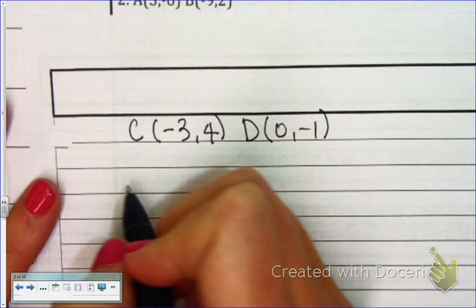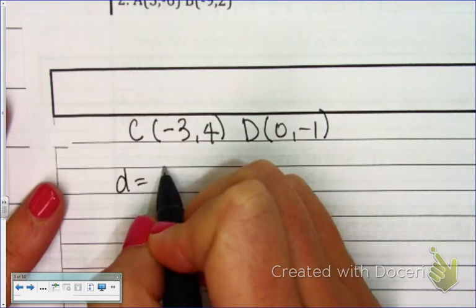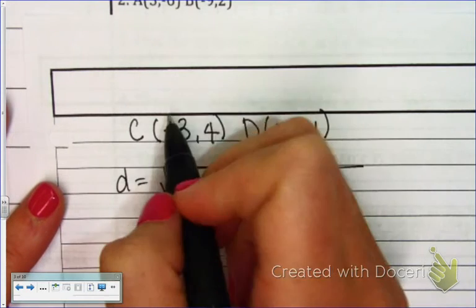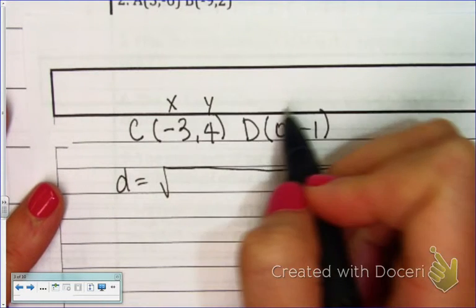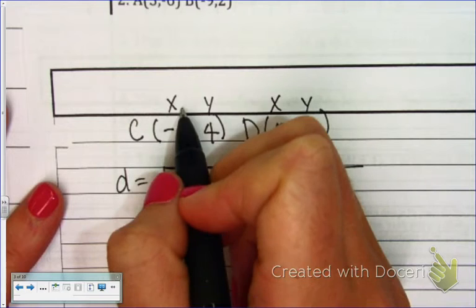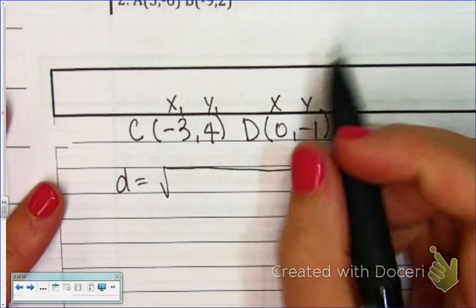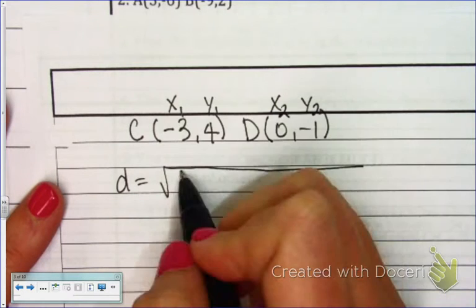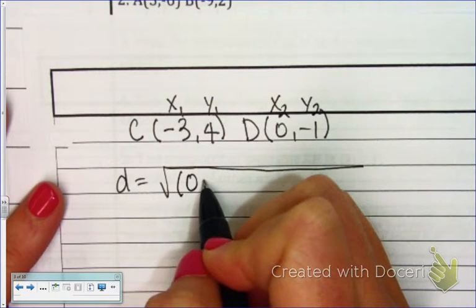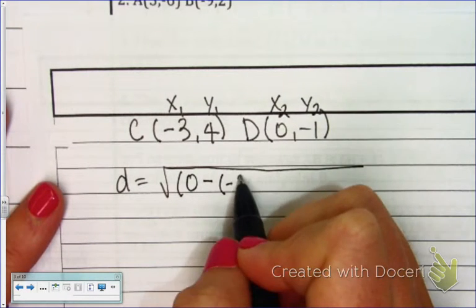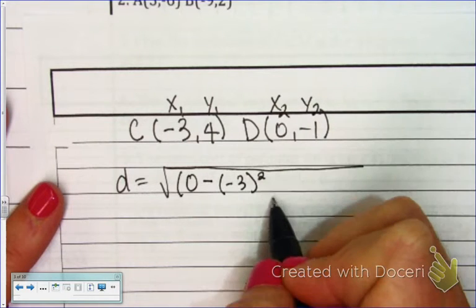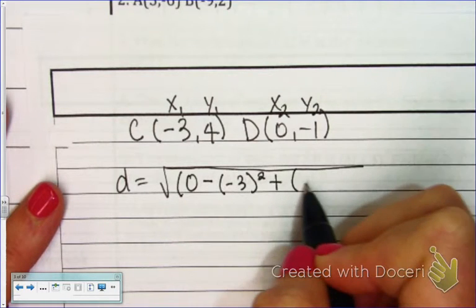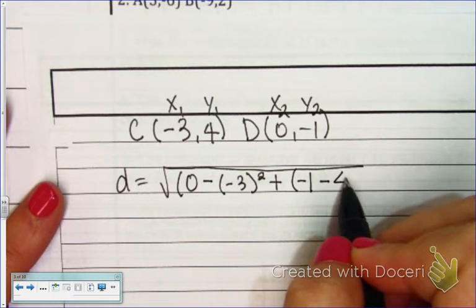If we're finding the distance, again, we can label our points X and Y. Let's say this is our first point, so we put a 1, and here's our second point, we put our 2.